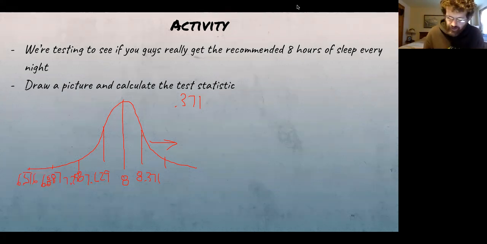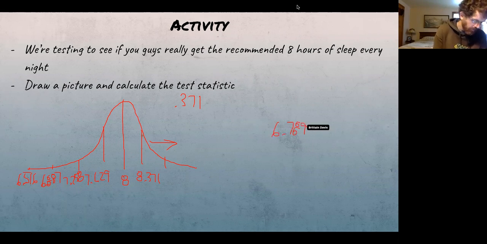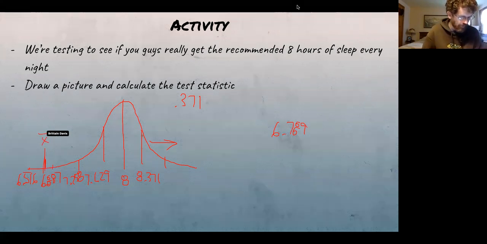We calculated our sample mean at 6.789. So we're going to be living about right here. Here's our X bar. So we're trying to figure out the probability of getting this value or more extreme, that area right there.